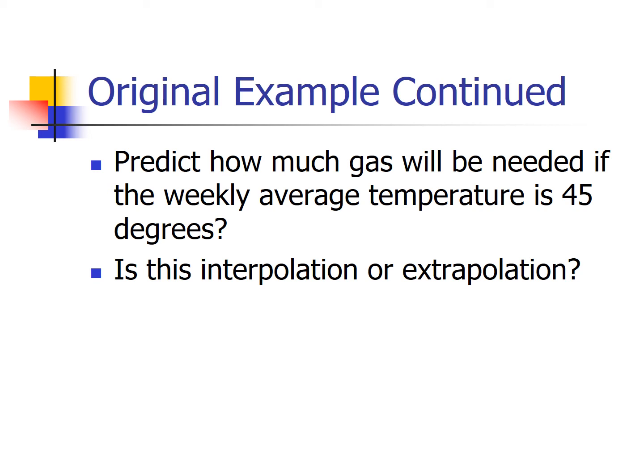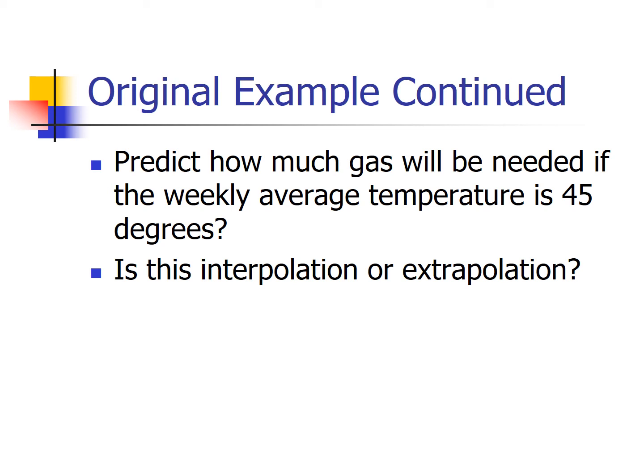They have to try to figure out, to the best of their ability, how much gas they should have on storage every week to fulfill the need of everyone. They don't want too little because, of course, they don't want to run out of gas, but they also don't want too much because there's storage costs and other things like that. So Pico would like to be able to predict what the gas consumption is going to be next week. How do they do that?